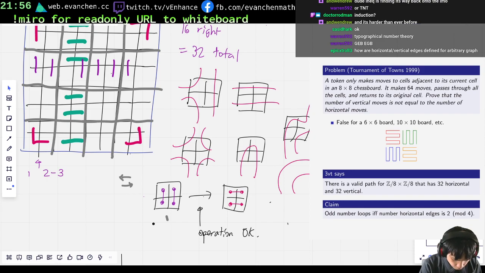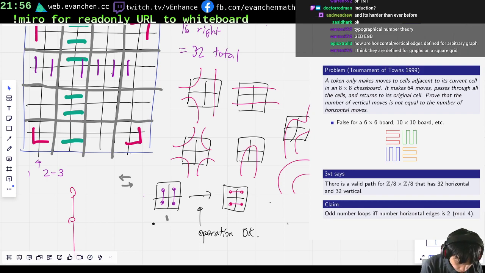But if I have a degree 2 vertex that looks like this, can I just do that? No. Yes, no, maybe?